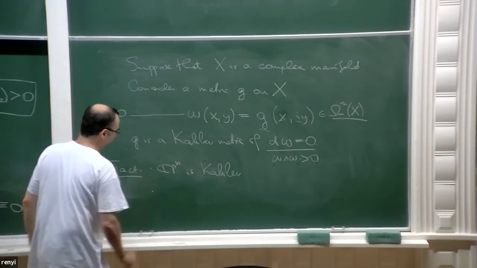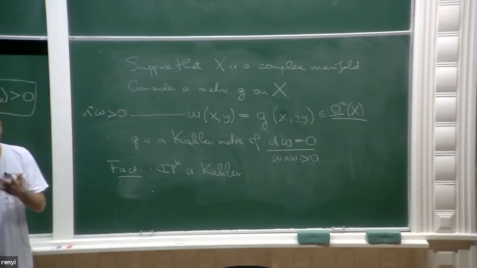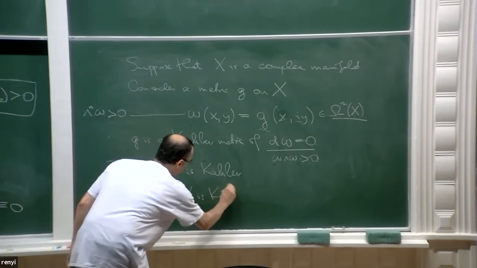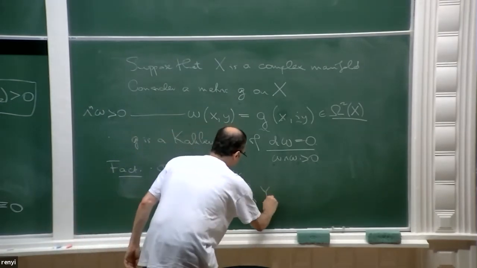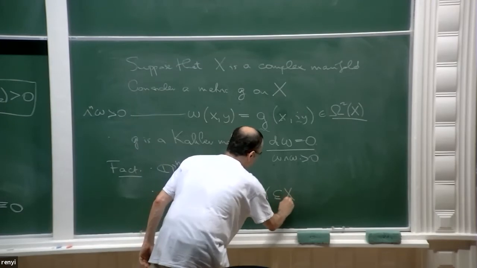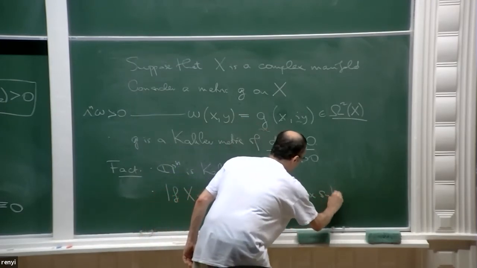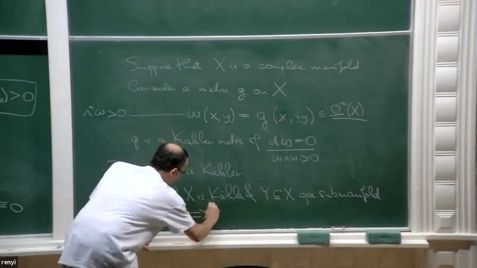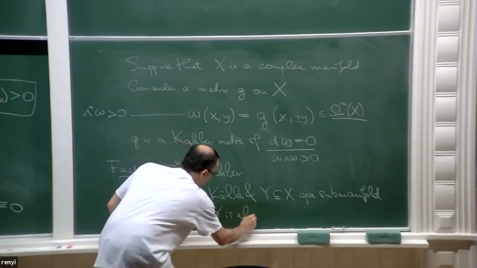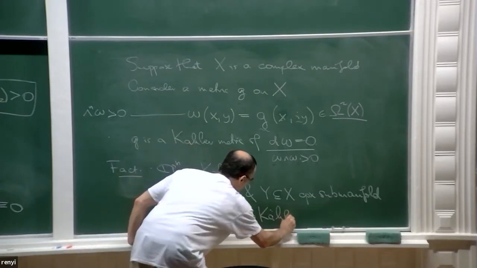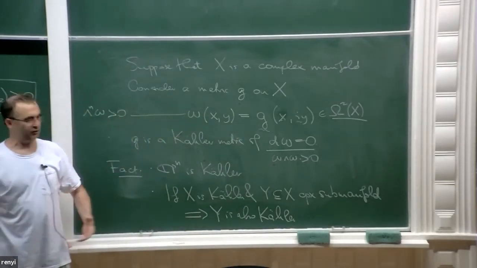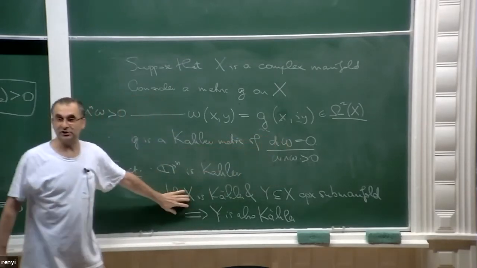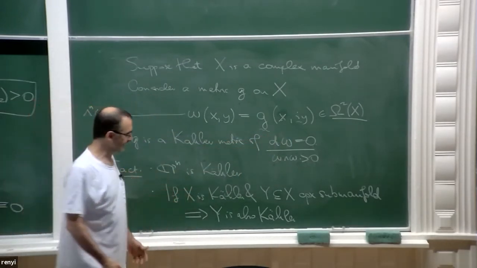And the next fact, which I leave you as an exercise, it's really easy, is that if X is Kähler and Y is a complex submanifold, then Y is also Kähler. You just have to check that if you have an overall 2-form on X, which is closed, then the restriction will be also closed. It's a very simple exercise.